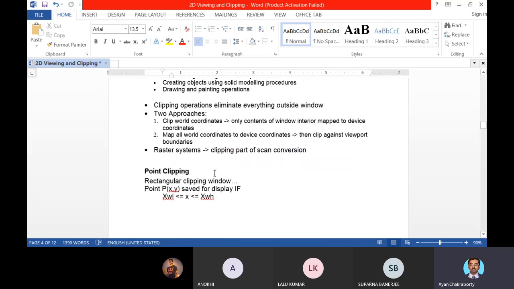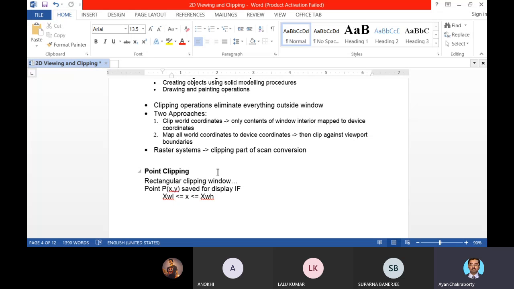Now this is the overview of this clipping operation, how it takes place, or what the features of these clipping algorithms are. So clipping operations basically follow two approaches. One is clip world coordinate, that is only contents of the window interior are mapped to device coordinates.